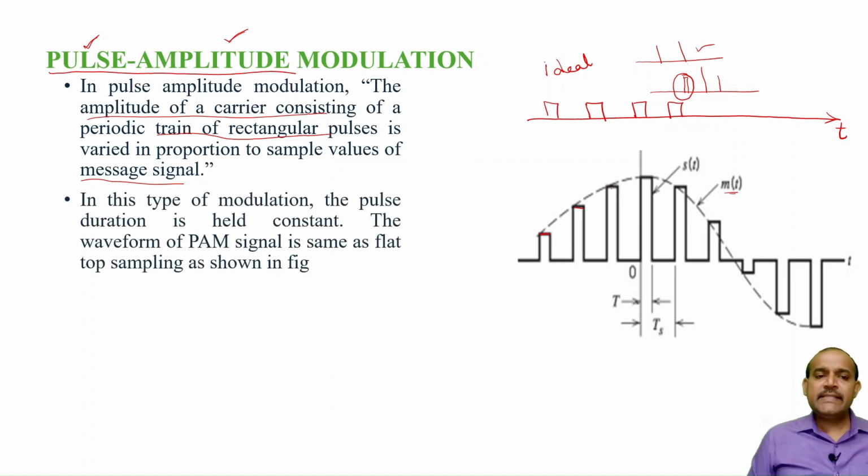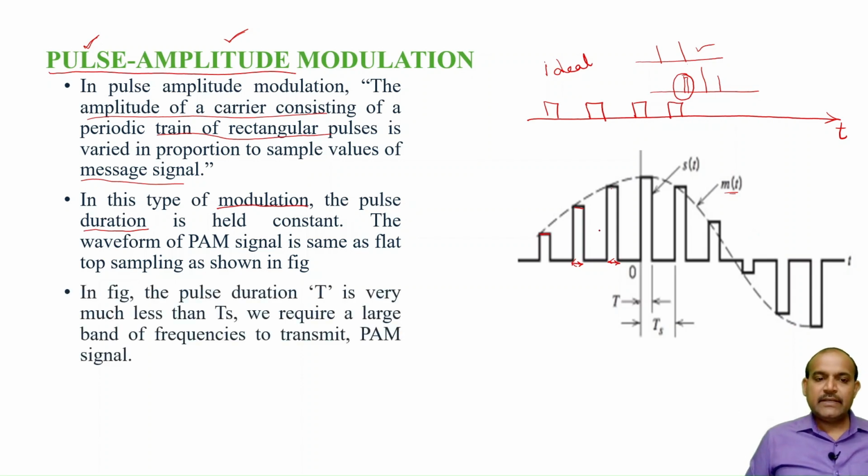In pulse amplitude modulation, the pulse duration is held constant. If you observe, the duration of every pulse is constant everywhere. This is the waveform of pulse amplitude modulation.